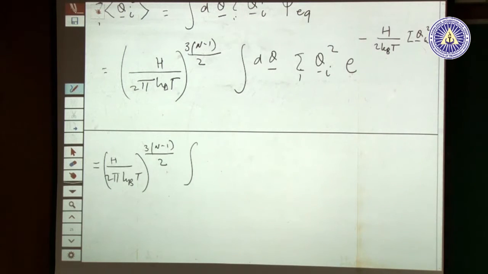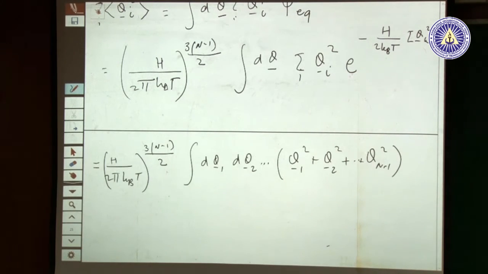Okay, I am going to write this as a series of dq1, dq2, and so on, and this is q1 squared plus q2 squared plus so on, and this is e to the power minus H over 2 k_B T q1 squared times e to the power minus H over 2 k_B T q2 squared times so on, right.